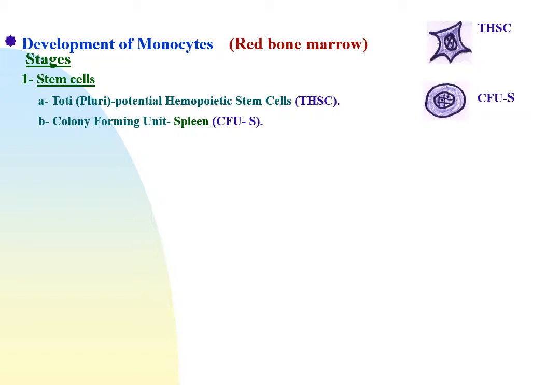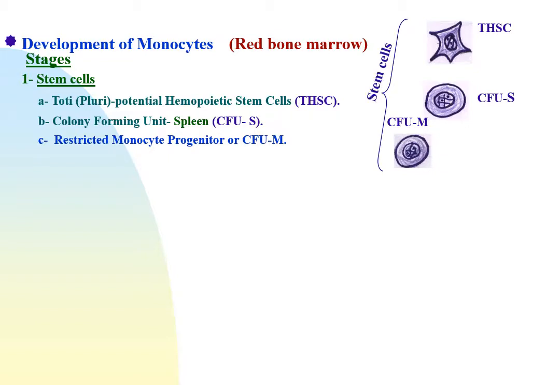They divide and differentiate to form more restricted stem cells. Restricted monocyte progenitors are colony-forming unit monocytes. These are further restricted stem cells only to form monocytes. They are rounded with lightly basophilic cytoplasm and large rounded nuclei.